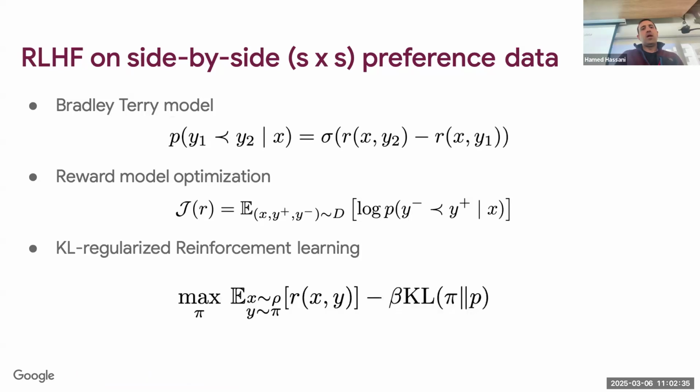Okay. And then once we have that, we're going to solve our reinforcement learning problem. The reinforcement learning problem again is maximizing expected reward minus some KL term. But one thing that I have been avoiding so far is that when we solve this reinforcement learning problem, we also have to solve it on a set of prompts.